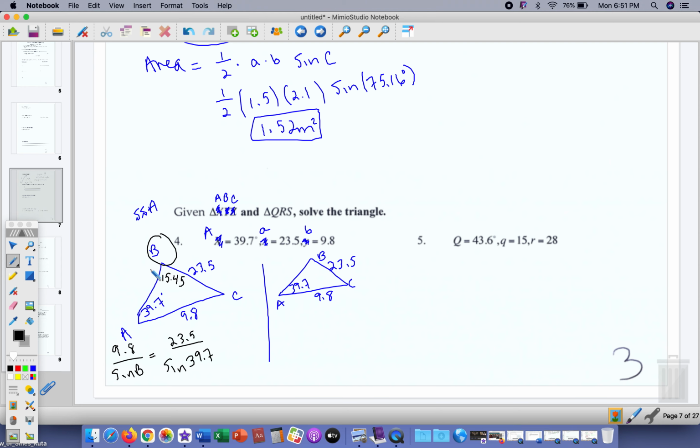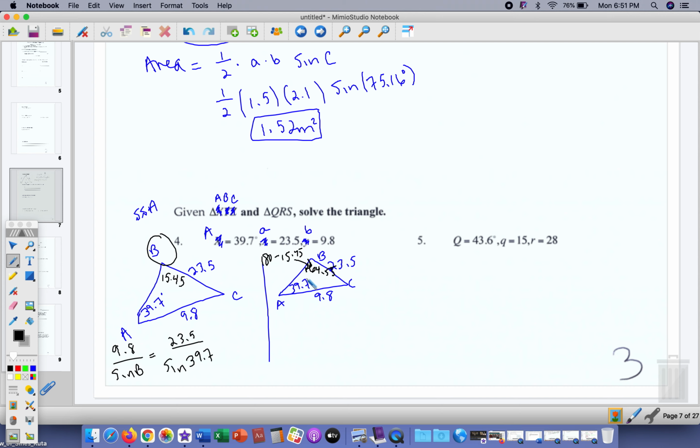And right away when I do that, I'm going to come over here, and you want to do 180 minus that. And so if we do 180 minus 15.45, that would mean that that angle would have to be 164.55.